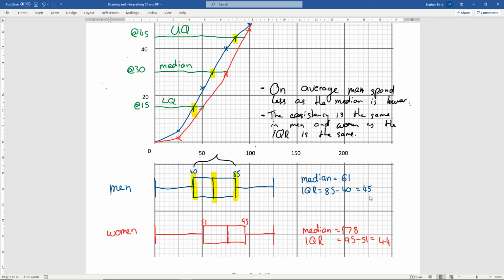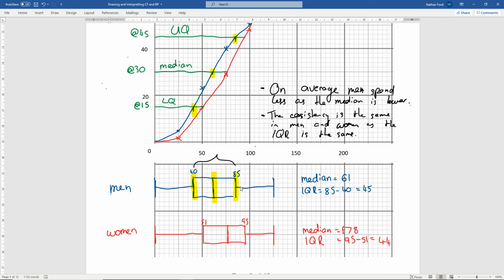The next thing is you can see how varied the data is. If this box was bigger for men, then it means that the spread of the data would be more, or you could say the consistency would be less because men would have a wider range of amount they've spent. That's the point.